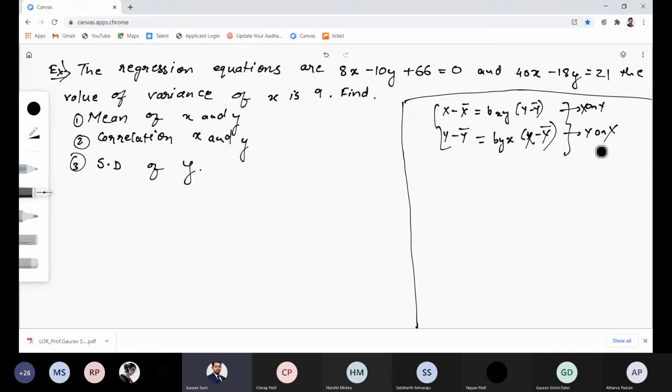The first line is regression line of x on y. The second one is y on x. Both are equations of lines. Sir, if we solve the two equations simultaneously, we can get a point.